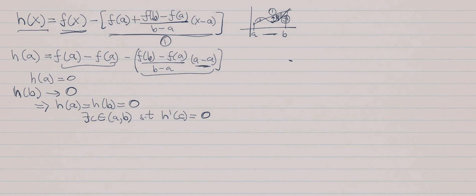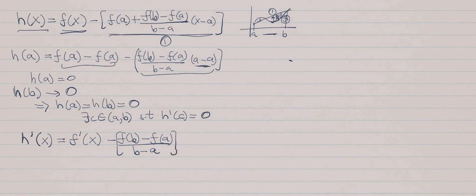So now all we have to do is take the derivative of h of x, which is very easy because we know it's differentiable. So just use the rules of differentiability that you know from calculus. So this turns out to be f dash of x minus (f of b minus f of a) over b minus a.